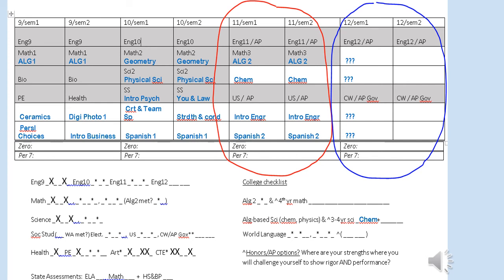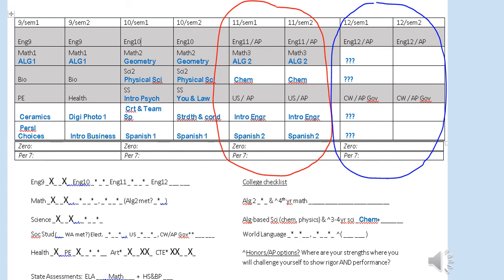And then down below on my credit checklists, both for high school graduation and for college, I'm going to start writing some stuff in to show myself that I have English 11 planned and I have my 3rd year of math planned, so that I know that I'm going to meet those requirements.